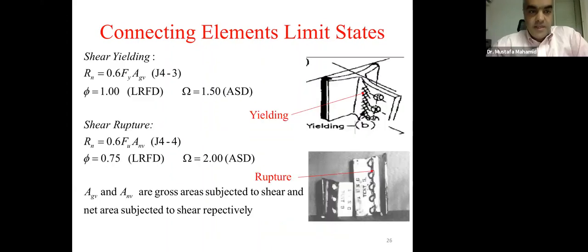Shear yielding, same thing. Shear yielding uses yield strength and gross area. Yielding will occur in the gross area, and rupture will occur along the net area. So we have to check that, and then we have to check shear rupture, 0.6 FU times ANV.